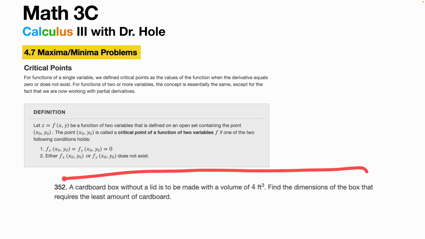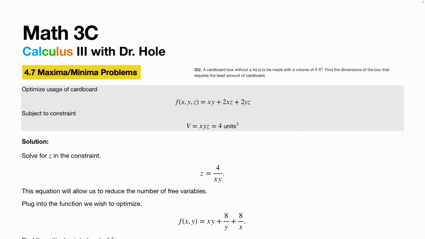And here we have an example problem that I'd like to look at, 352. So 352 is providing you with a constraint that you want a volume of 4 cubic feet, and you would like to come up with a box which minimizes the amount of cardboard. So I've restated that we want to optimize the usage of cardboard.